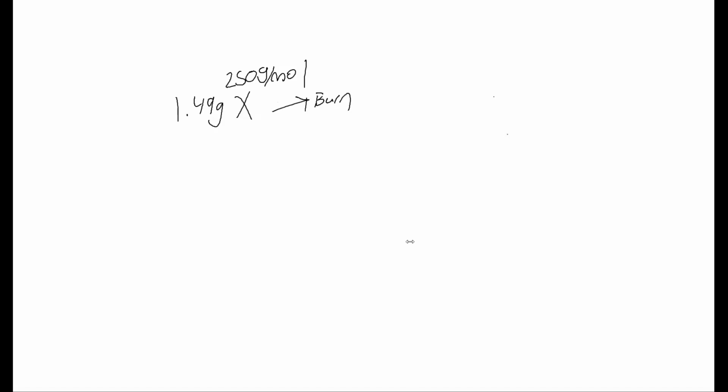Okay, so T initial is 29.25, T final is 45.68. And the heat capacity of the bomb is 4.23 kilojoules per centigrade.